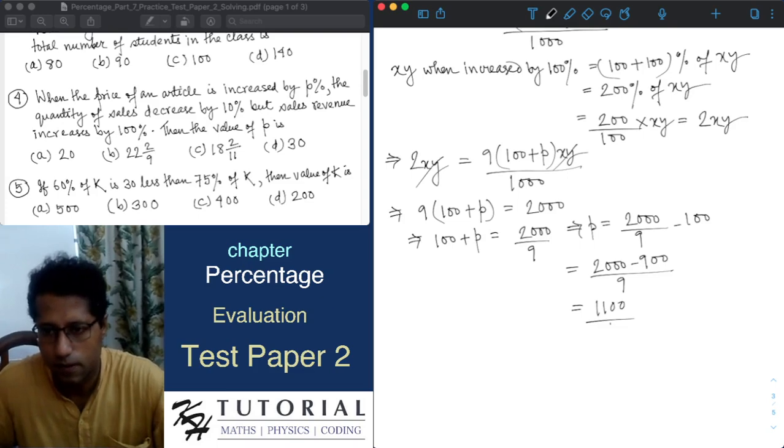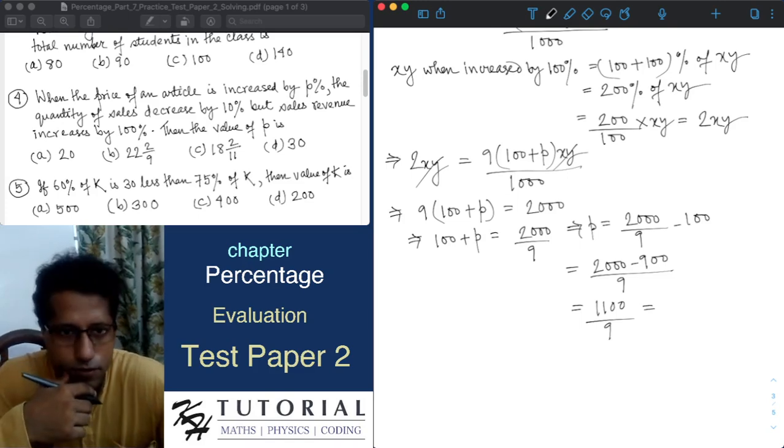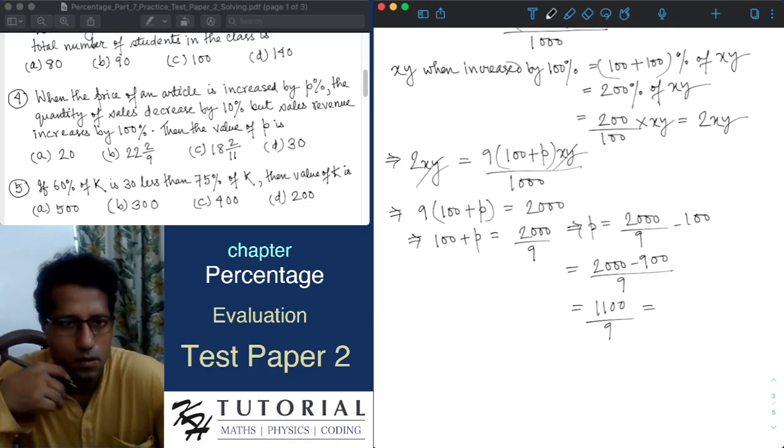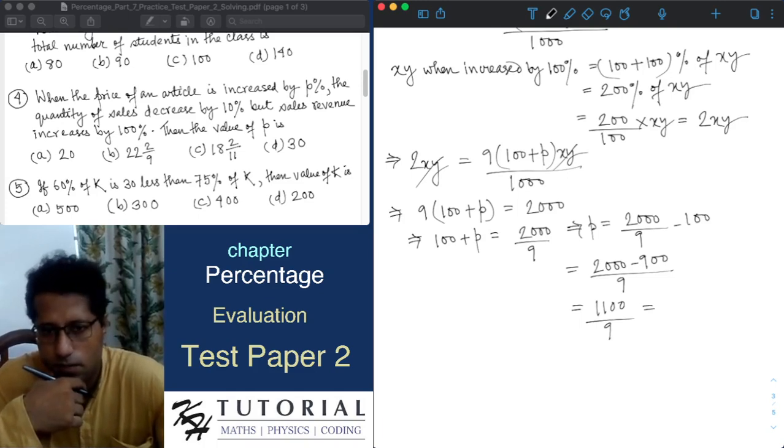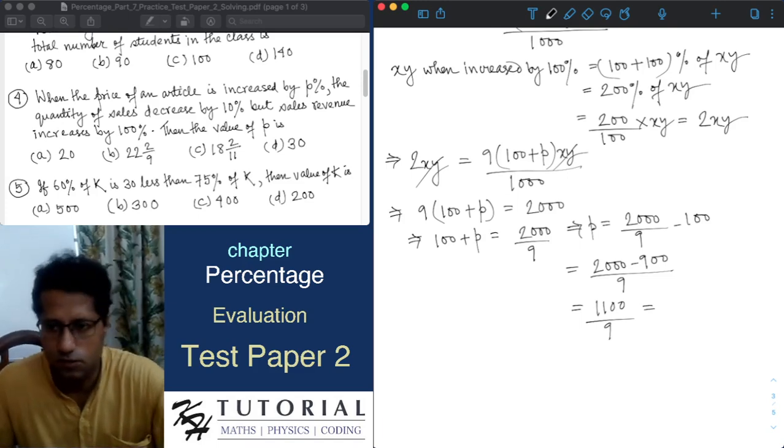This equals 1100 divided by 9. Okay, now we have to convert this into mixed fraction because definitely choice D is not correct. We have to convert this into mixed fraction.